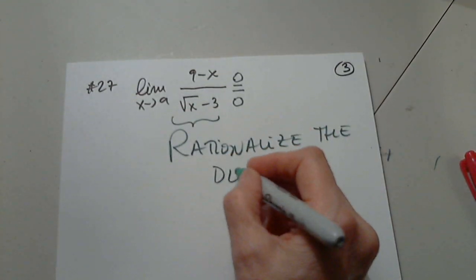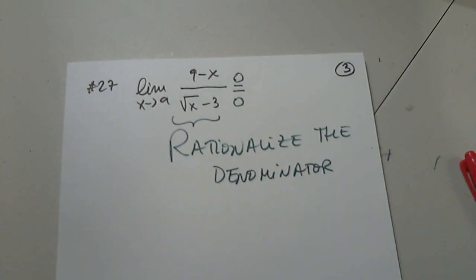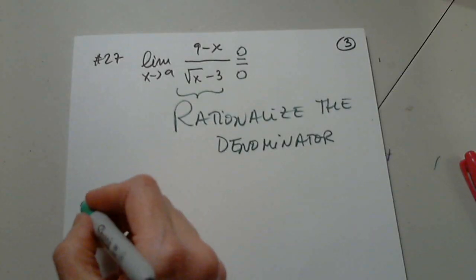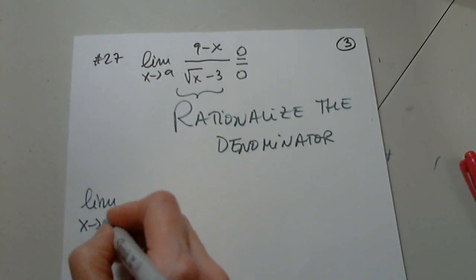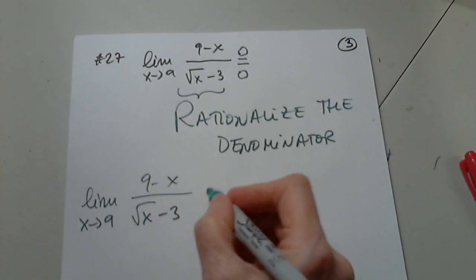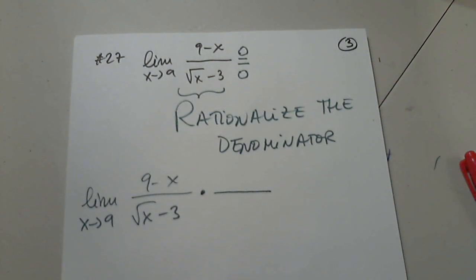Does anyone remember how we rationalize the denominator? So I'm going to leave it alone and copy it and start from scratch. The limit as x approaches 9 of 9 minus x over the square root of x minus 3. Here's the hint. What do we need to multiply and divide by?